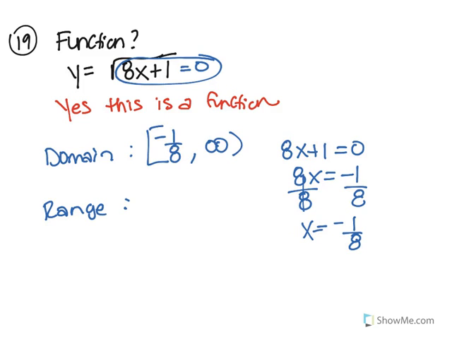And you do put a bracket on -1/8 because I want to include it. I need it to zero out. Now the range is going to be from 0 to positive infinity because it's a square root, and it's got to stay positive. You're not going to get any negative numbers from under that.